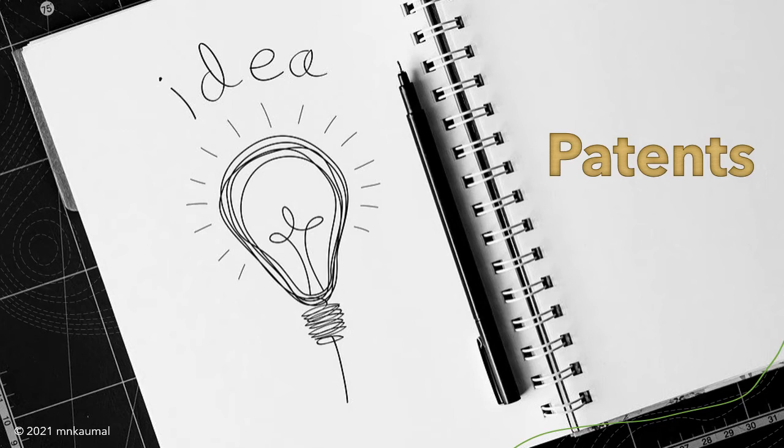So these three criteria should at least be satisfied to obtain a patent. There are some other criteria, but these are the three main criteria you must look at if you really want to obtain a patent.